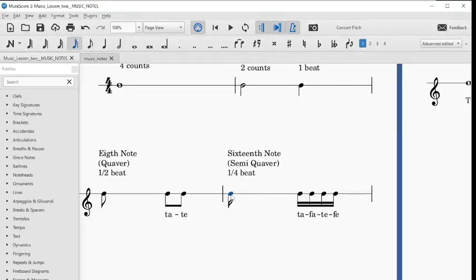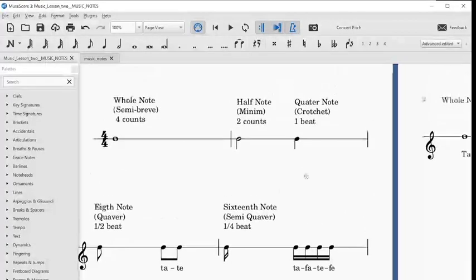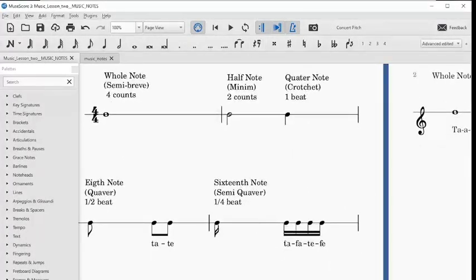Then this is 16th note, also known as semiquaver. It is a quarter beat. That means 4 of the 16th notes are equivalent to 1 beat, and we said the 1 beat is the crotchet. So we shall say 4 of them tafatefe.